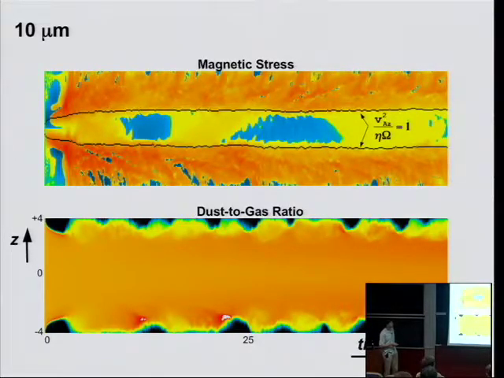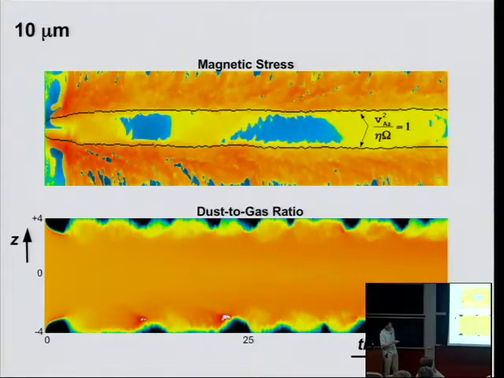And that could affect, for instance, the temperature of grains in the surface layers illuminated by the star. And it could affect the kinds of grains, the size distribution of the grains that you're seeing. And so there are potentially many observational signatures of this kind of stirring of material in the disk surface layers.